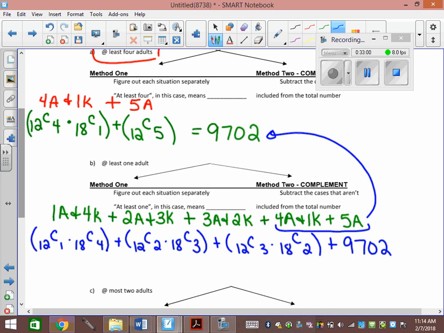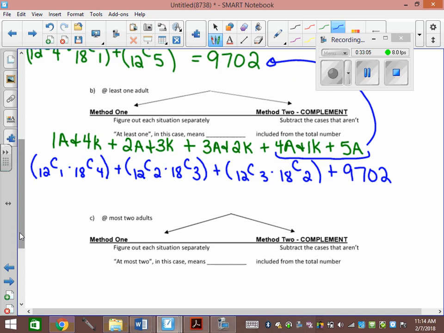And we get an answer, right? Like I said, the calculator doesn't seem to be the issue. It's often just setting it up, right?